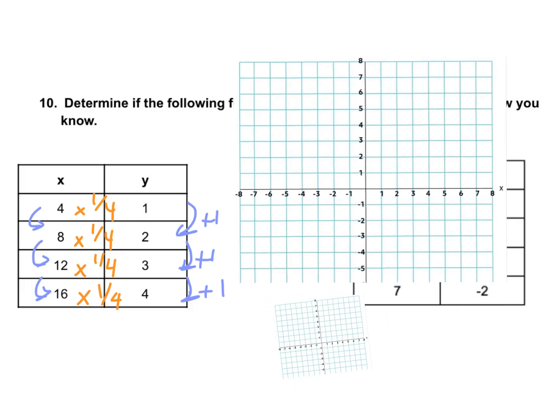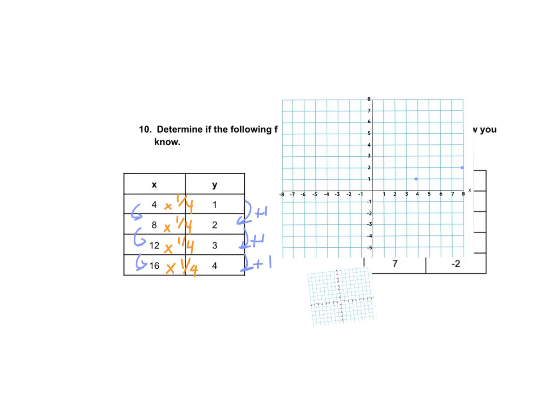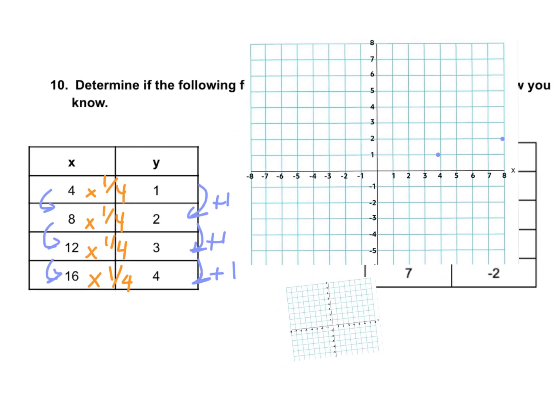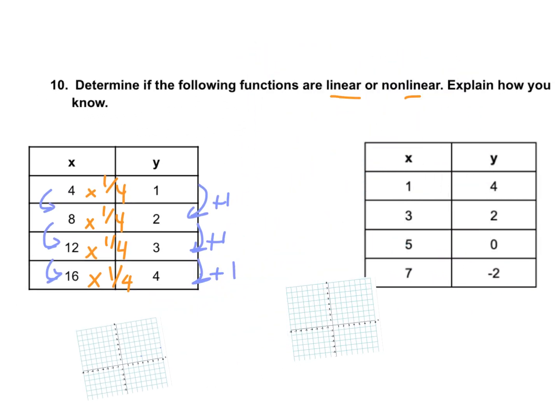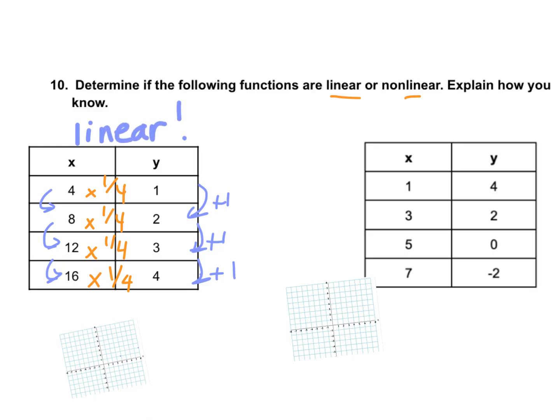I could treat them as ordered pairs: over 4 up 1, over 8 up 2, over 12 up 3. This graph doesn't quite go there, but I can visualize that those would also make a straight line. So that is another strategy. This one for sure is consistent. I see a pattern, and therefore that one is linear.